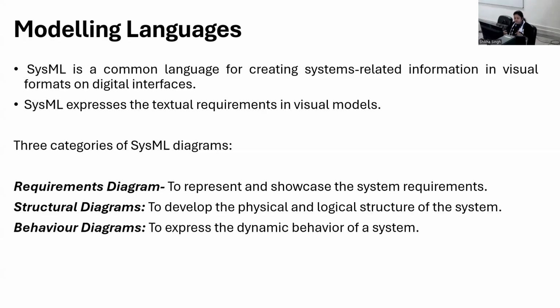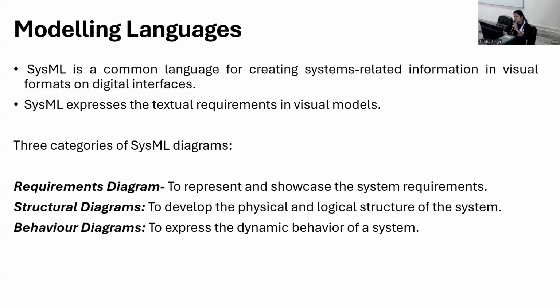So structure diagrams actually help to contribute to the physical components, how you will be setting up the logic and how will be coming up with the final assembly of the system. And the last one is the behavior diagrams. So this will add the behavior, or you can say the dynamism in the system, that how this will be functioning, right? So this will be adding the functionalities into the system.